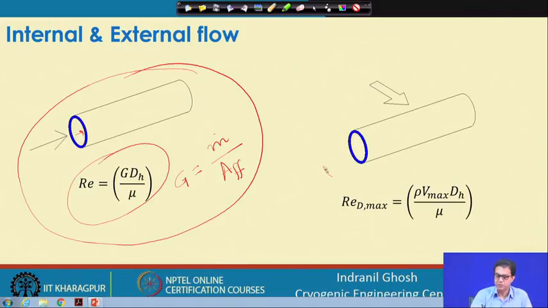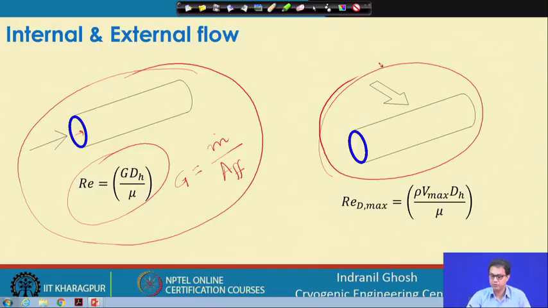Whereas, if you remember, while talking about the external flow or flow over a bank of tubes, we were looking for the maximum velocity, which occurs at the minimum frontal area or free flow area, and now we can understand that this has been done because we wanted to calculate the Reynolds number based on that maximum velocity.